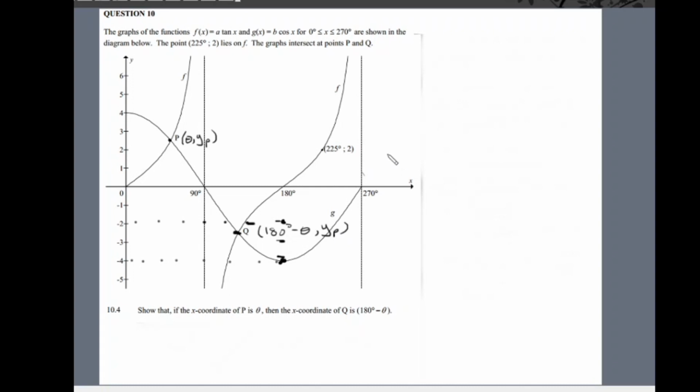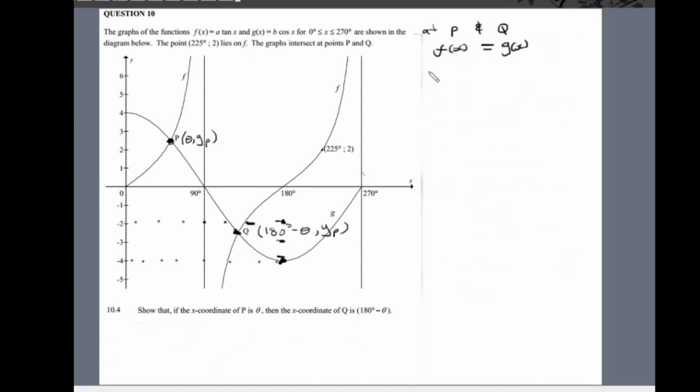Now P and Q are the points of intersection of these two graphs, meaning at these points the two graphs are equal. So at point P and point Q, f of x and g of x are equal, because those are the points of intersection.